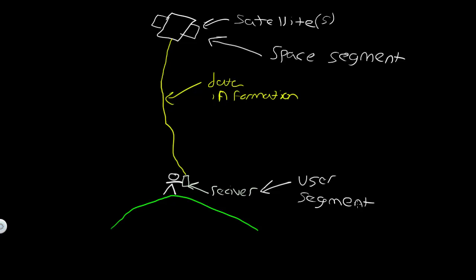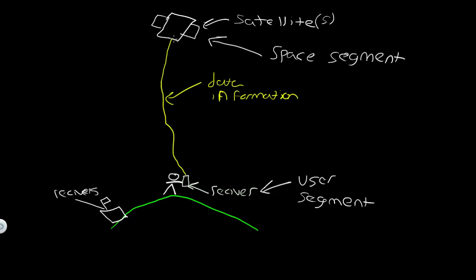But there's actually a third part that you might not necessarily think of, especially if you're not intimately familiar with how GPS works. And that's there are these buildings that also have receivers, that are getting the exact same messages from the satellites.